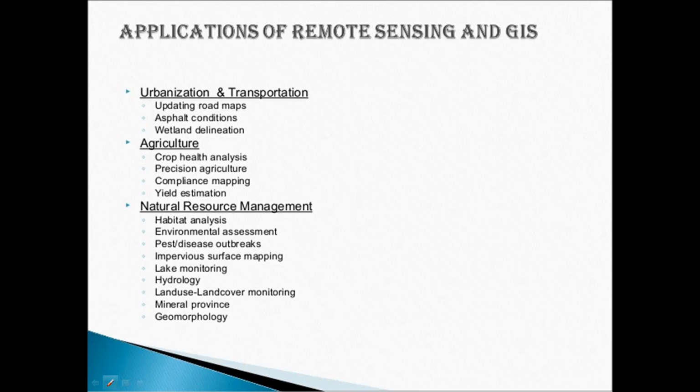That means how many houses, how many living persons, how to cover the area. And another one, environmental assessment. This is the environment conditions. What is going on? Environmental conditions and disease outbreaks.